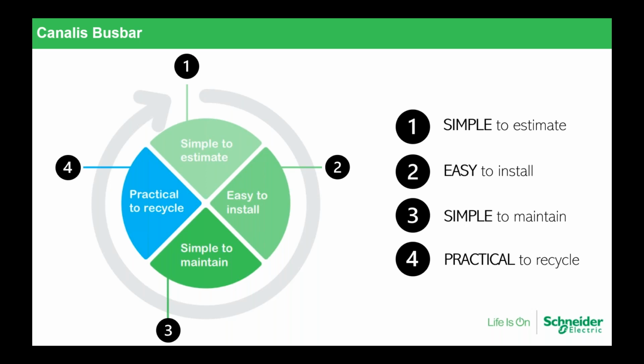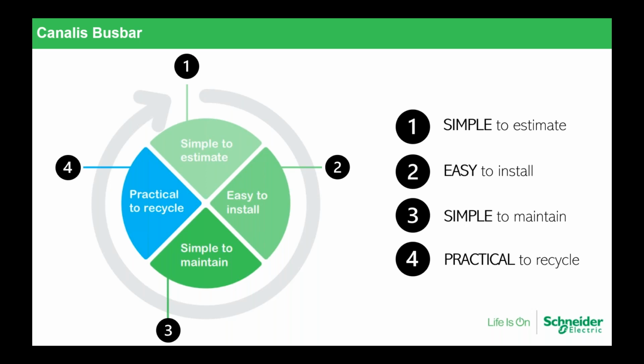You can install new tap-offs on the existing bus bar. That's why I'm saying we have this flexibility with Canalis: you already have the bus bar and can just buy 1, 2, or 3 more tap-offs and connect these EV chargers on that specific installation.